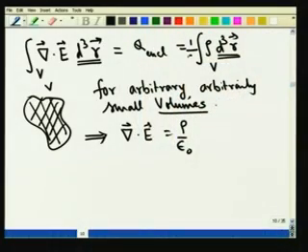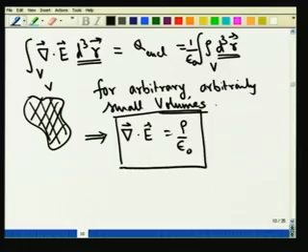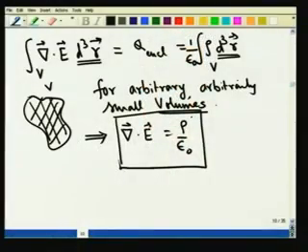I forgot the factor 1 over epsilon naught here, and this is indeed the differential statement, or the differential version, of Coulomb law. We started with Coulomb law, generalized it to continuous distributions, rewrote Gauss's theorem appropriate to this particular example of 1 over r squared force, and wrote Coulomb law in the form divergence E equal to rho by epsilon naught.